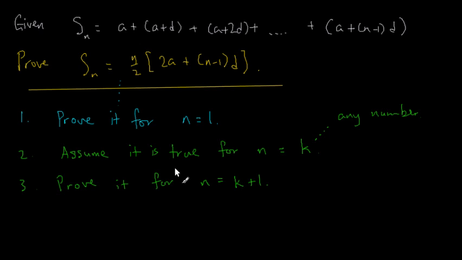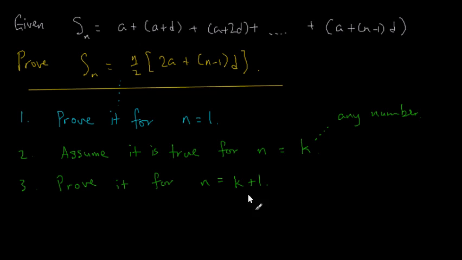Meaning that basically what we want to show is that if it is true for a particular value of n, which we will represent by the symbol k, then this would imply that it is true for the next value of n.